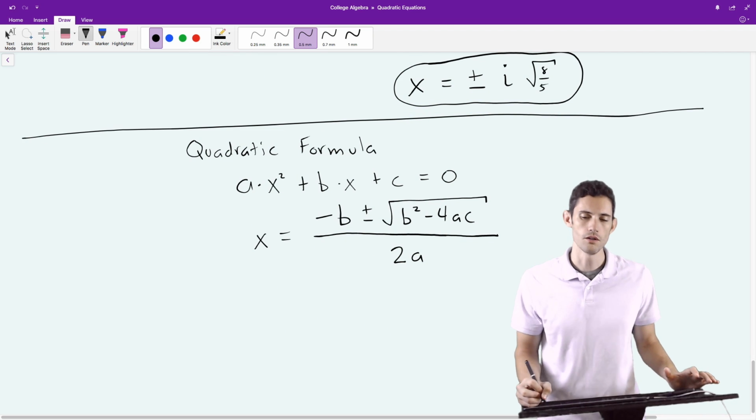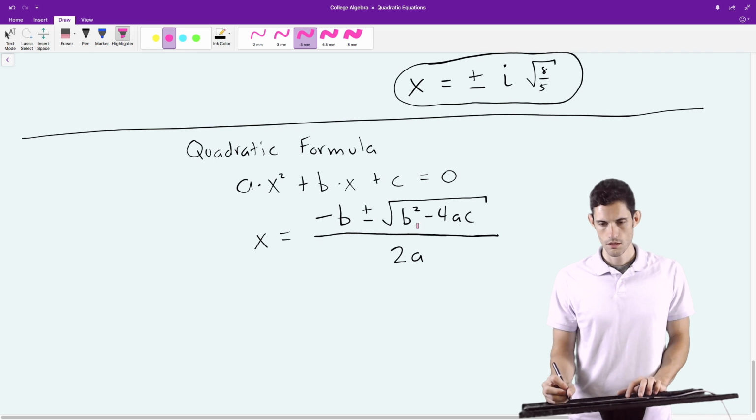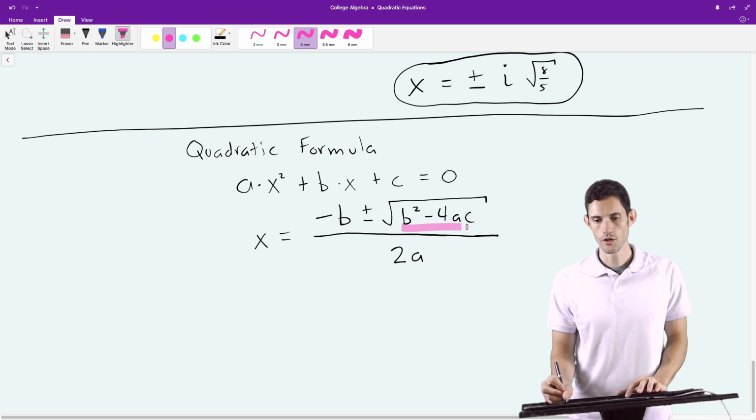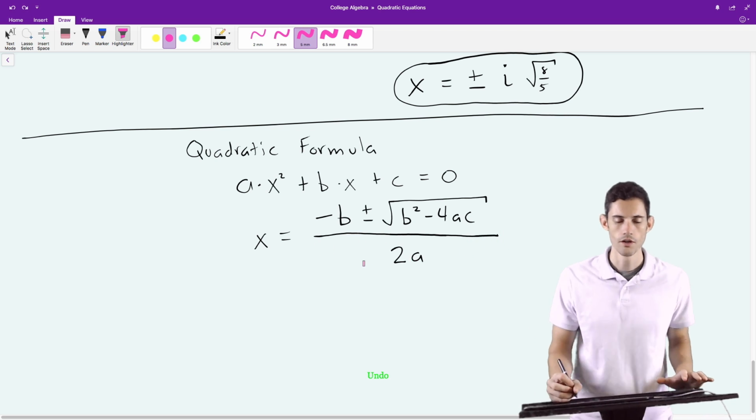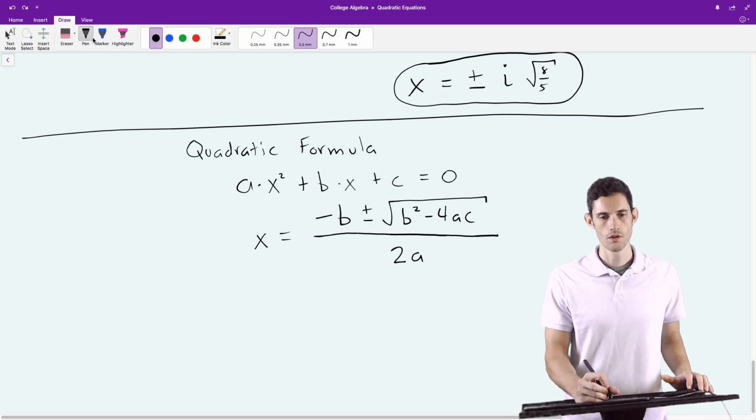I emphasize the all over. I've seen people in my classes draw over 2a. That's wrong. I've seen them do just the square root, and that's wrong. The whole thing over 2a. So the whole thing is the numerator, and then divided by 2a.